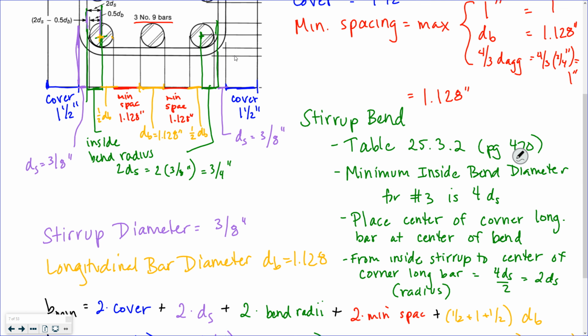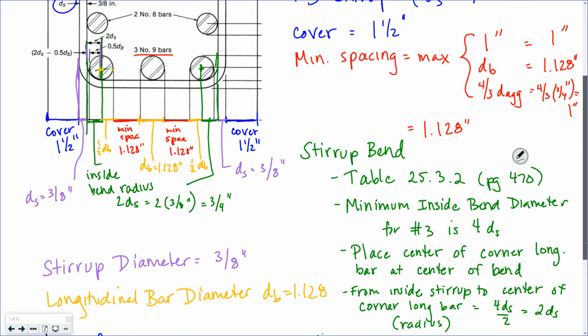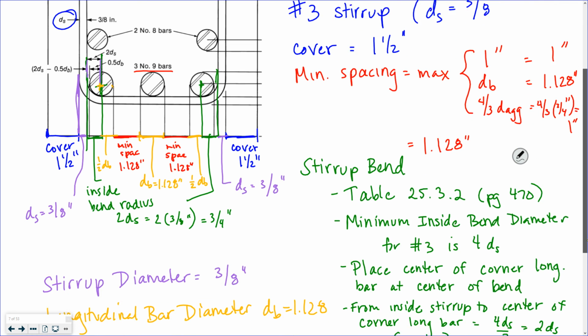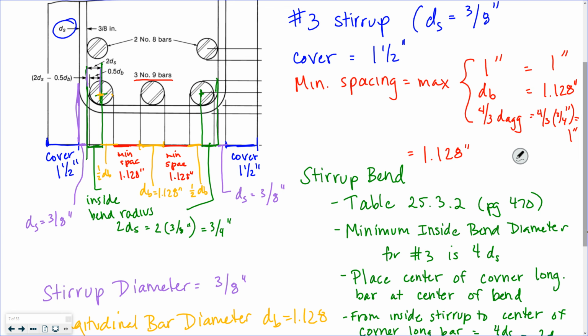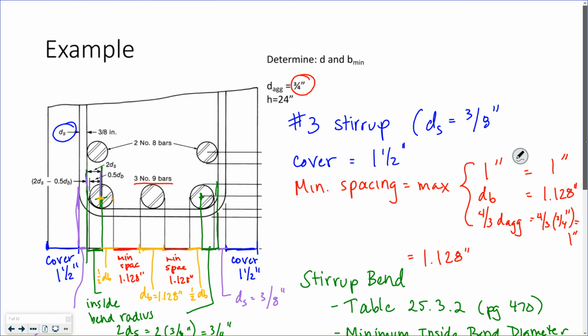So just that red space between your longitudinal bars will get bigger. Okay. So study this, see what questions you might have. That's for your minimum width. Okay, we did this. Check.